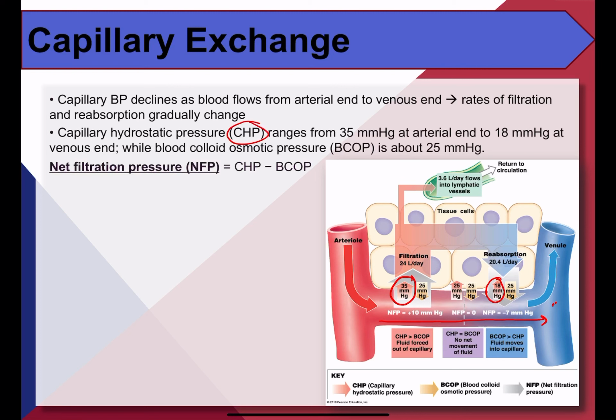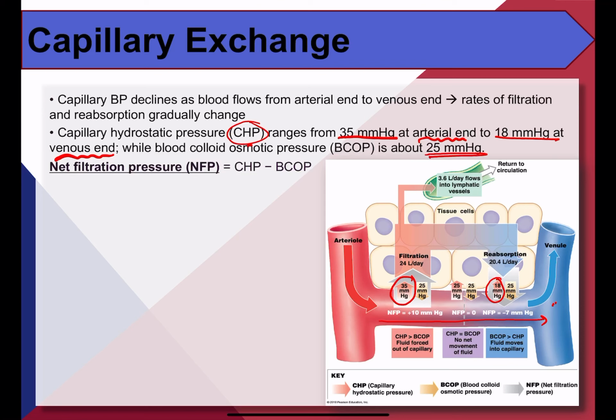Okay? So CHP goes from 35 to 18, going from the arterial end to the venous end, while BCOP, defined earlier, is an osmotic pressure present due to the plasma proteins in blood that can't cross capillary walls. That value on average is about 25 mmHg.